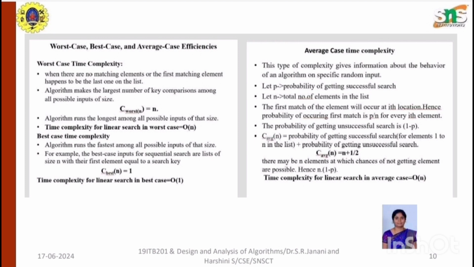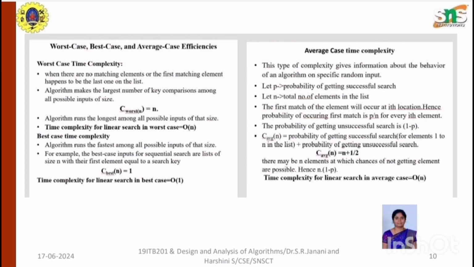So this becomes complex for users to find their determined element. So C worst of n is given to be n. This algorithm runs the longest among all the possible inputs of that size. So the time complexity for linear search in the worst case is big O of n.